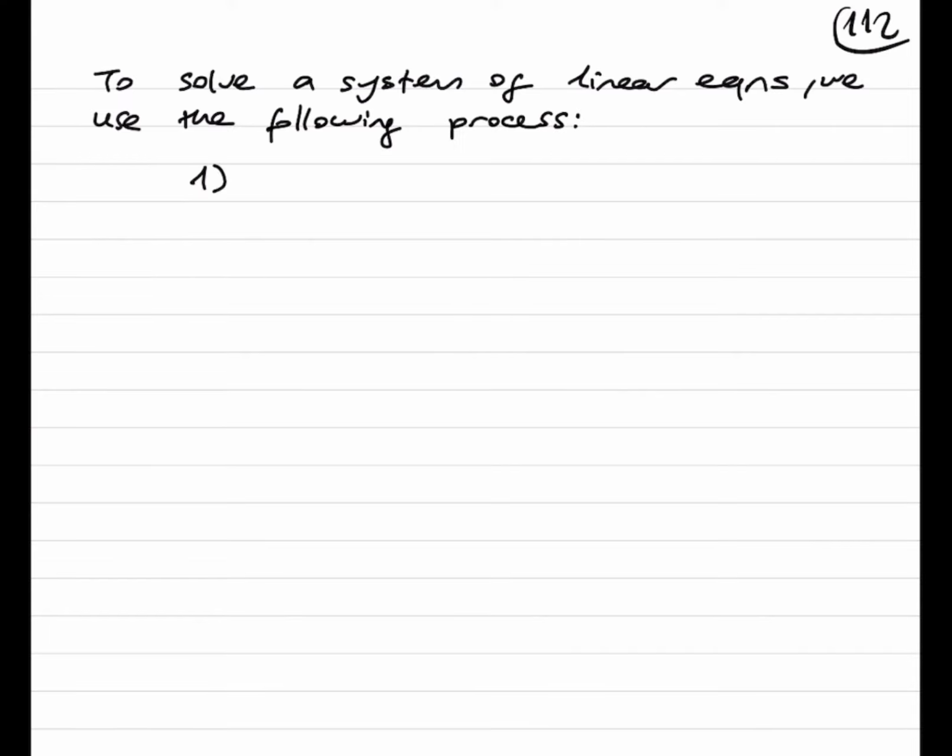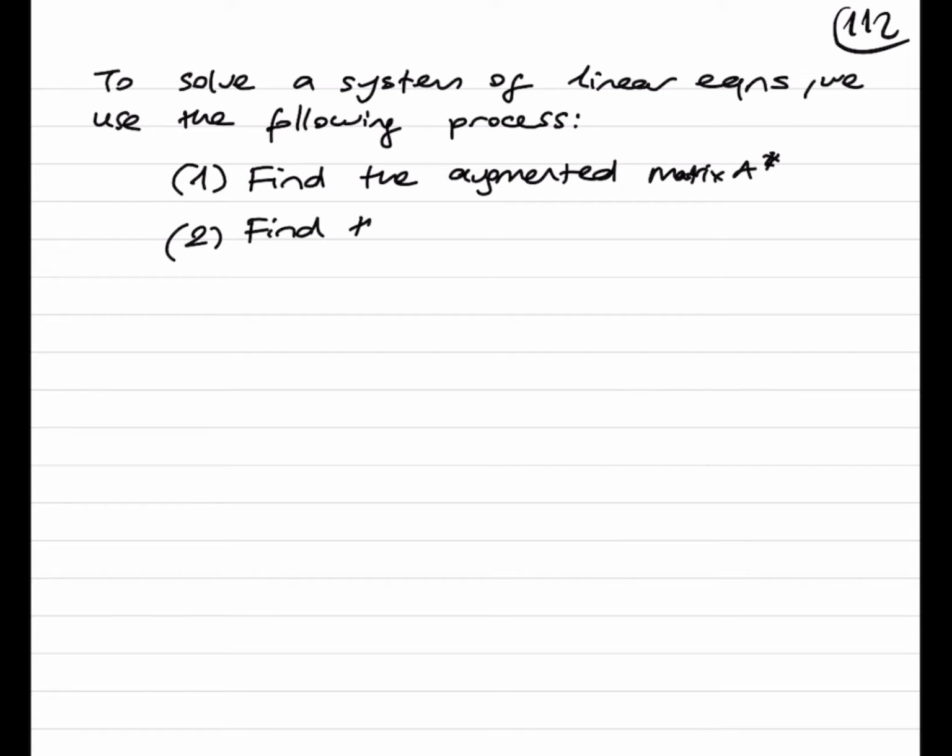In step 1, we always find the augmented matrix A sharp, and the second step is to find the reduced row echelon form of the augmented matrix. Not necessarily reduced, but row echelon form also works.